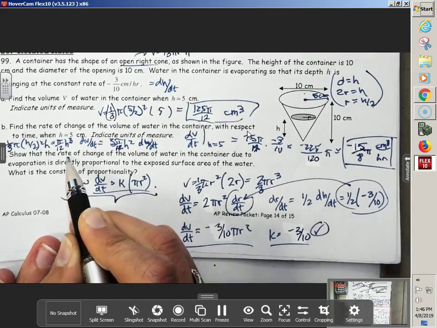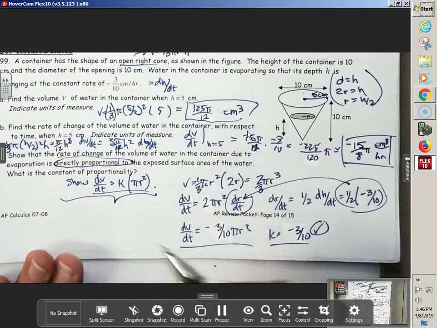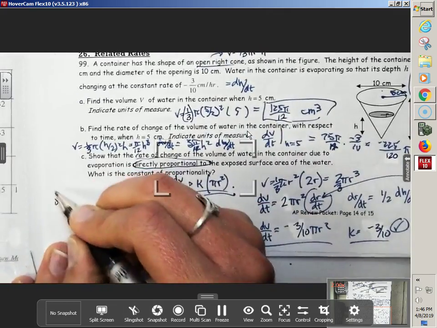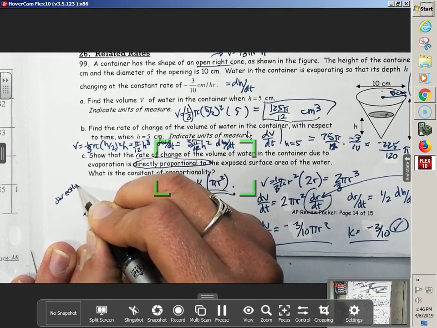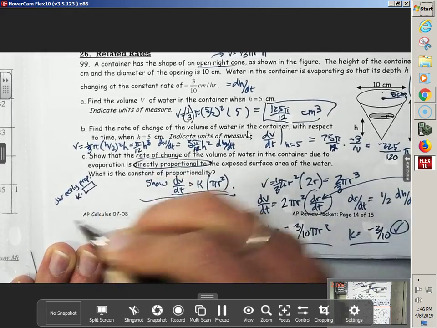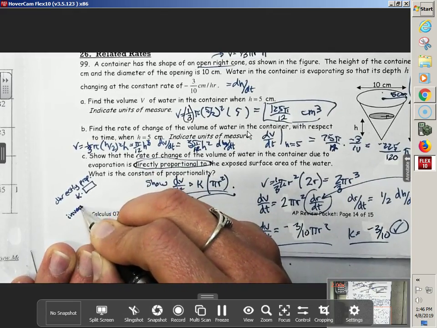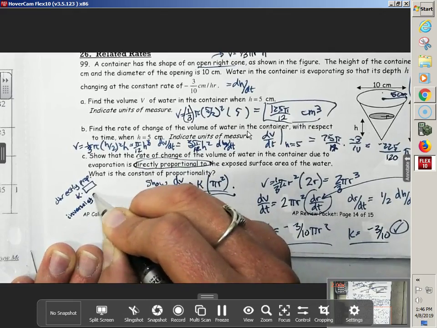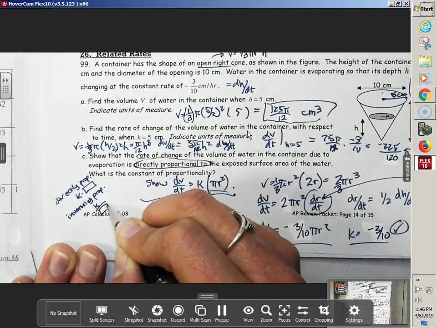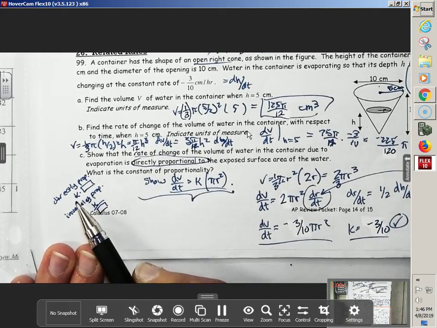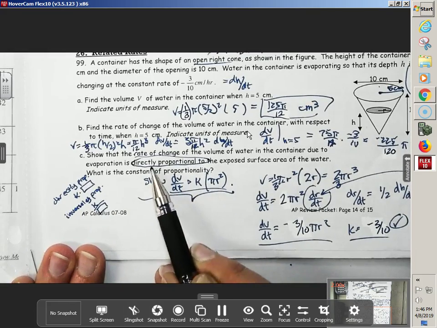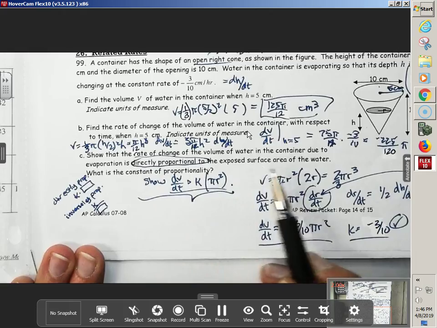From algebra, directly proportional means k times something, and inversely proportional is k divided by something. So literally they were telling me, some constant times, directly proportional to what? The exposed surface area of the water.